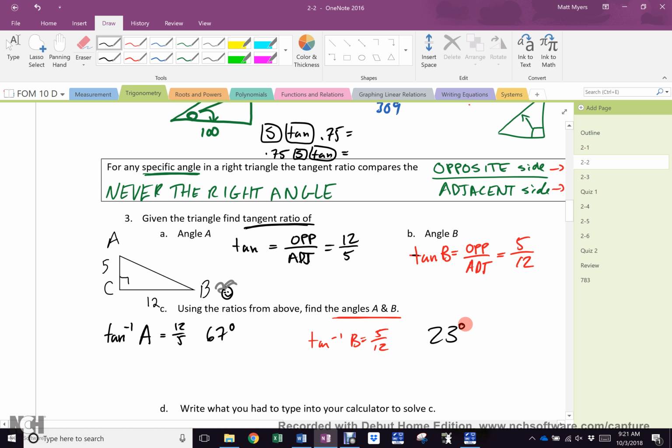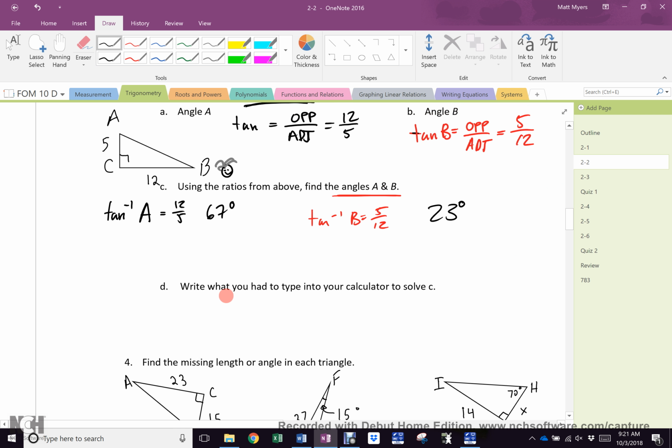All right, now listen to me. This step is actually important. What did you type in your calculator to get these answers? Well, this is question C, to solve for little c. What did you do here? Here is what I did.